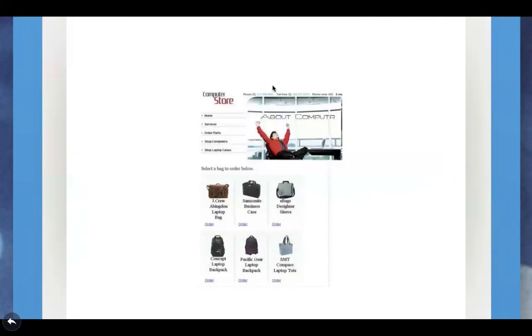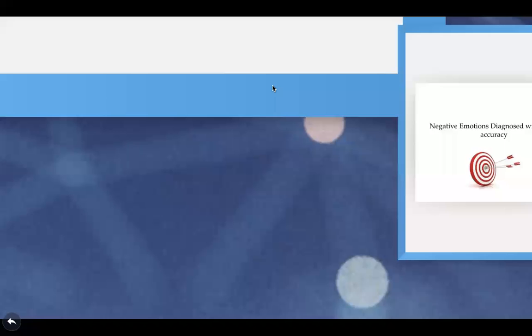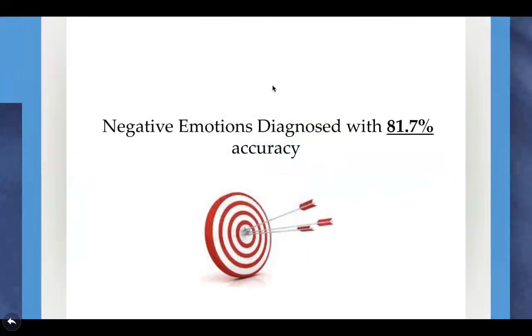The negative emotion condition was similar to the first test, with a high number of loading screens and wait points designed to frustrate users. Through analysis of movements, researchers were able to correctly deduce who received the negative emotion manipulation with 81% accuracy.